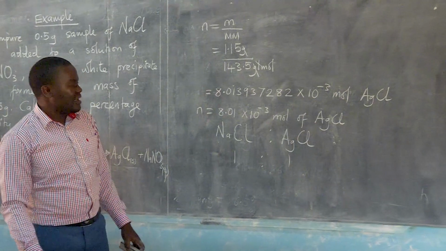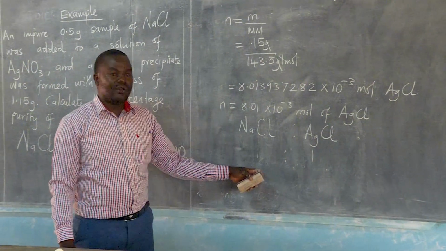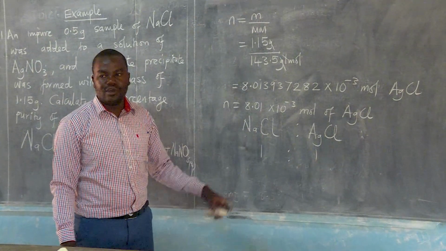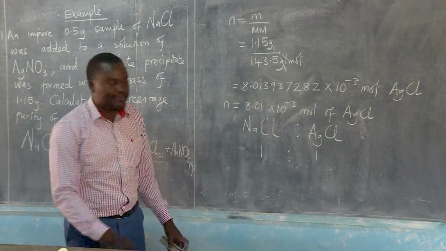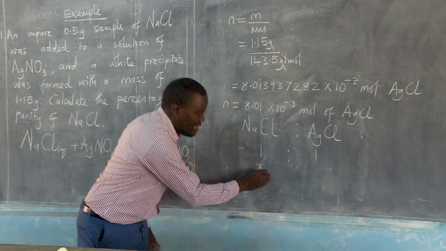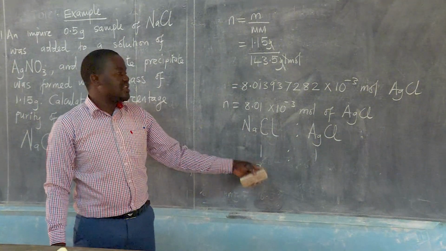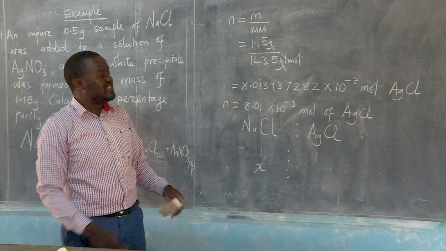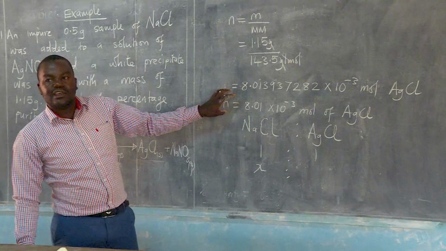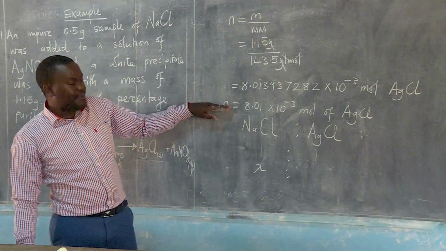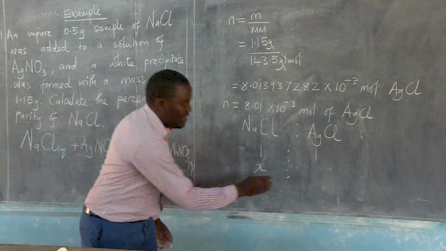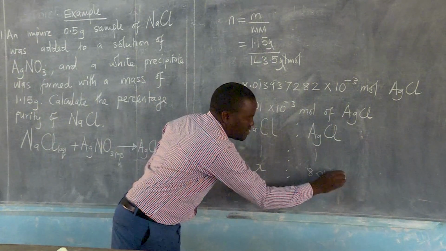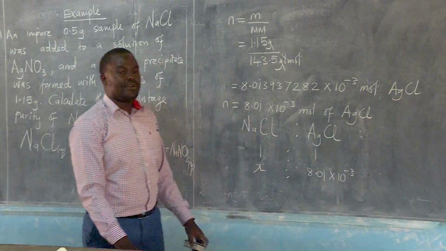Now, we want to find the number of moles for this sodium chloride. So we represent it by what? By X. So X number of moles for sodium chloride to how many number of moles for silver chloride? These number of moles we calculated up here, which is 8.01 times 10 to the exponent negative 3.